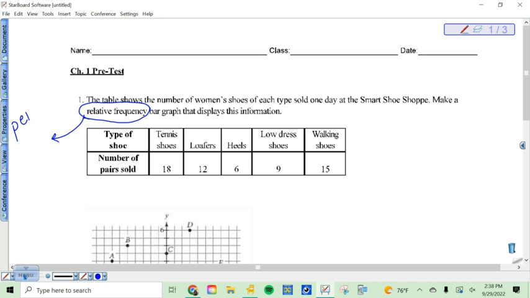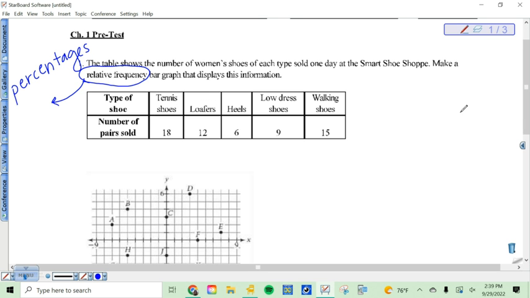When you hear relative frequency, I want you to think percentages. So how it relates to the whole, right? Okay. So if I'm going to find the percentage for each category, what am I going to do?